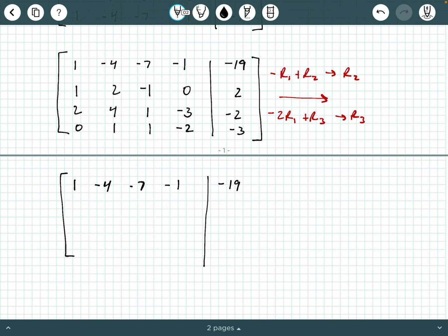And also, we haven't touched row 4 at this point, so we're going to keep row 4 the same. Now, let's look at this operation here. Negative row 1 plus row 2 to change row 2.